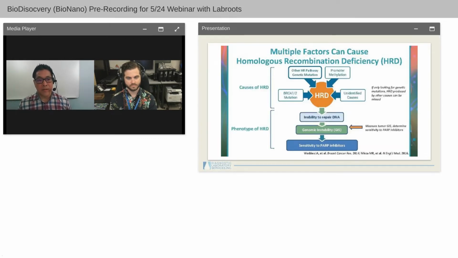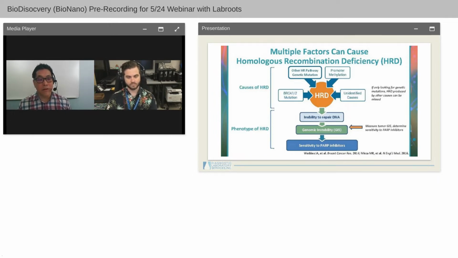When cells have an alteration in that ability to have homologous recombination, that's called homologous recombination deficiency, or HRD. And there are a number of mechanisms which can cause homologous recombination deficiency. The one that is primarily highlighted is BRCA1 and 2 mutations, and that is known for decades now.